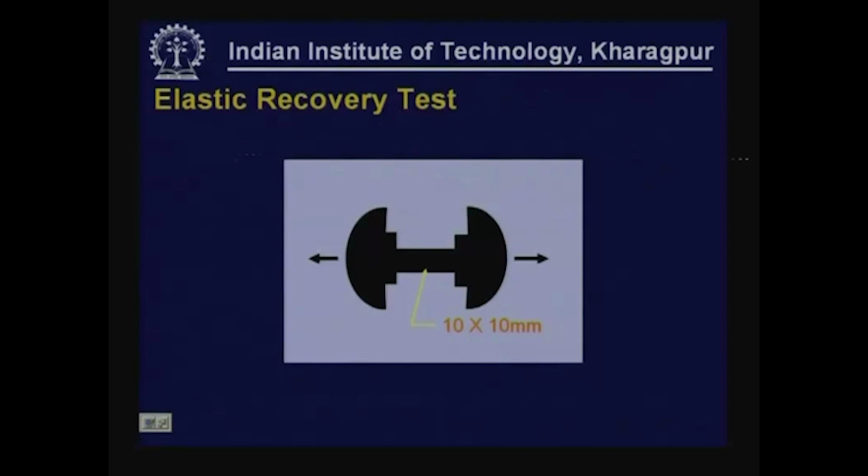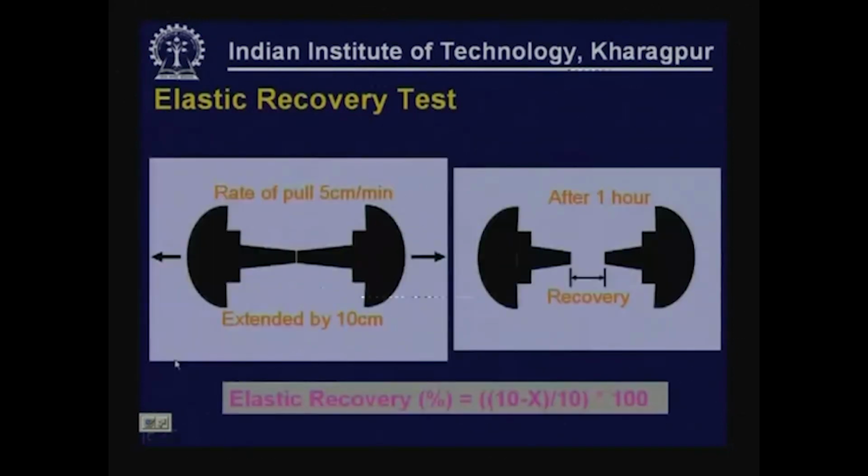In this case, 10 by 10 millimeter, the same size is there, but it is not at one location, it is over some distance. So, this briquette is stretched at the same rate of stretching as we do in the case of ductility, 5 centimeters per minute. So, this is extended by 10 centimeters at a rate of 5 centimeters per minute and cut.